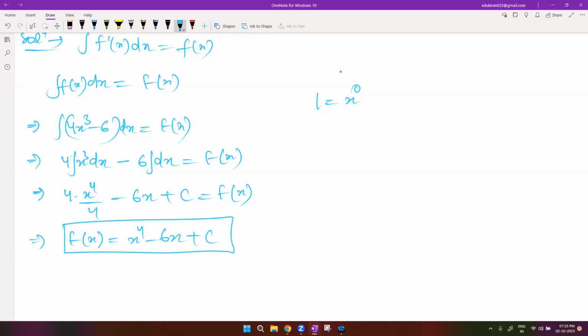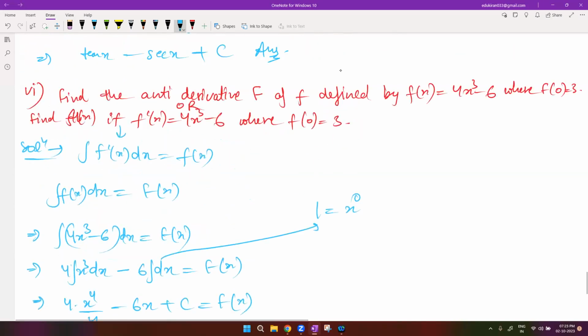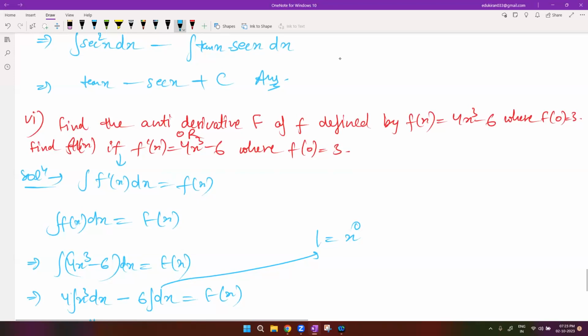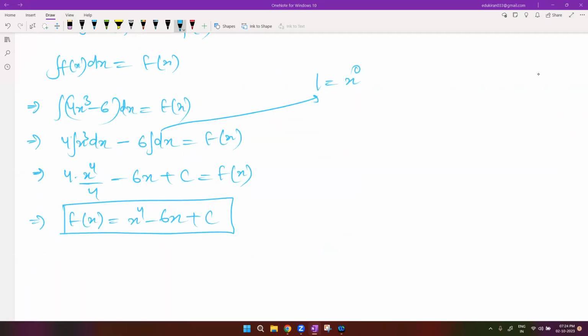Now, how do we find out c? See, there is an option given here that capital F0 is 3.